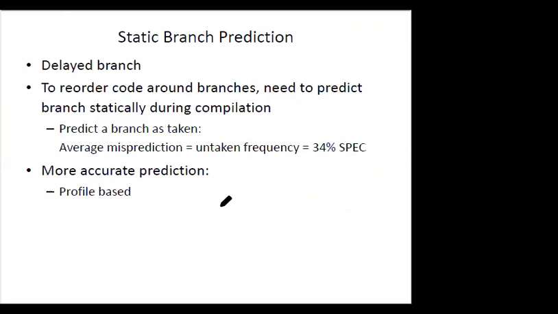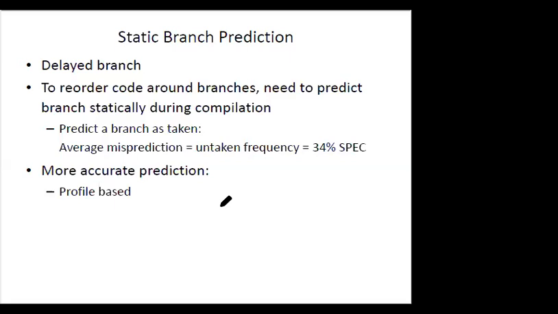As an overview, a process is said to be static when it is being done by the compiler. So in the case of a static technique, we have a delayed branch and a static prediction. It means the predictions have been made before execution, for example, that we suppose the branch is taken.